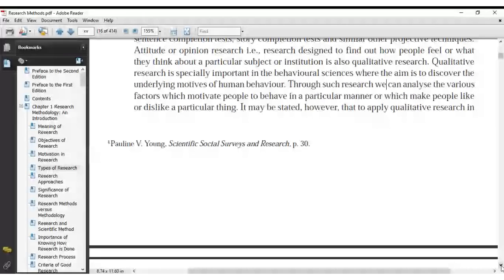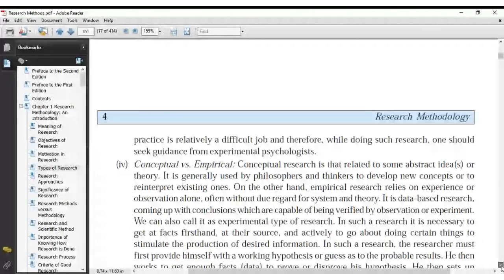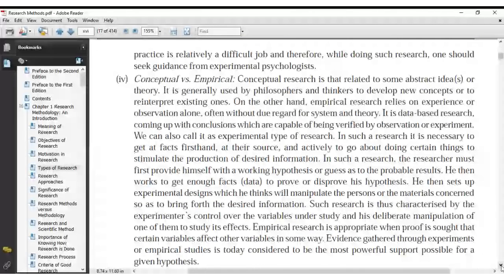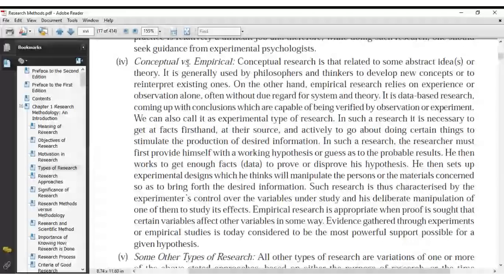conceptual versus empirical. Conceptual research is related to abstract ideas or theory, and it is generally used by philosophers and thinkers. I'm just reading for you so that I can explain it. Generally used by philosophers and thinkers to develop new concepts or to reinterpret existing ones.